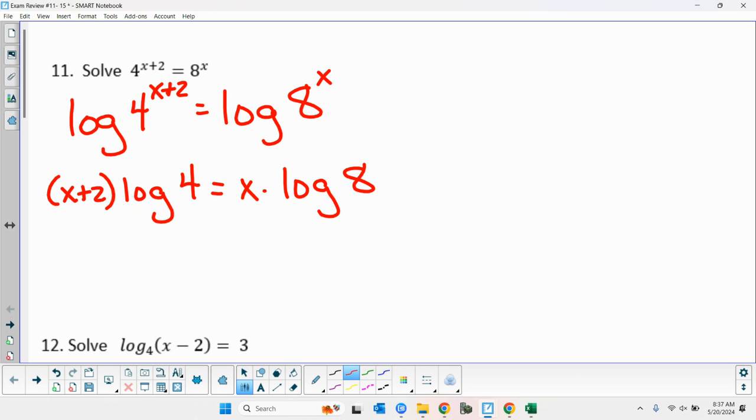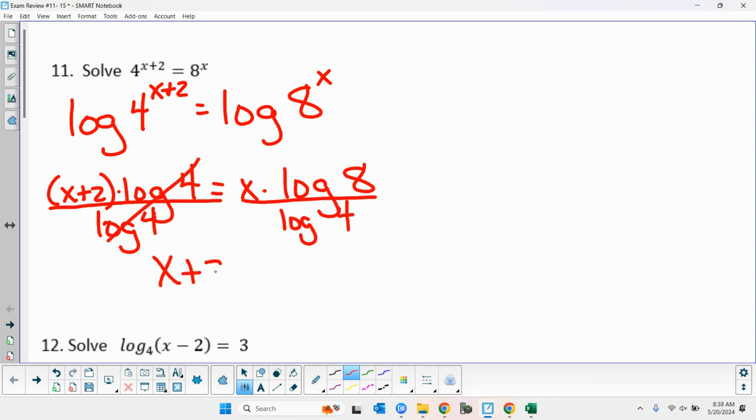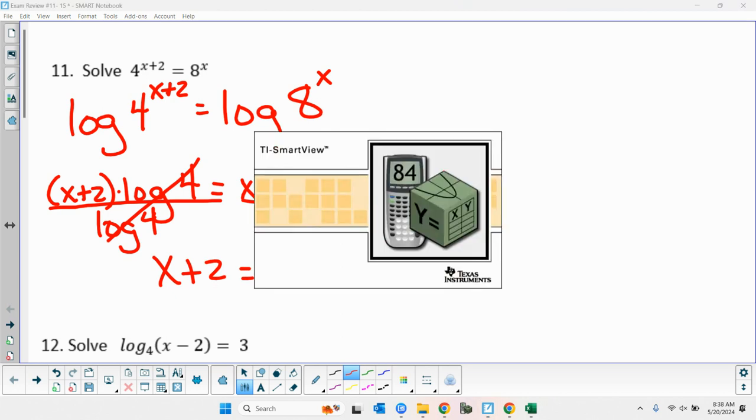Now the next thing we always do is take the log on the left over to the right. Since this is multiplication here, I divide both sides by the log of 4. So those will cancel. I'll just have x plus 2 over here, and then log of 8 divided by log of 4, I'll do on my calculator.